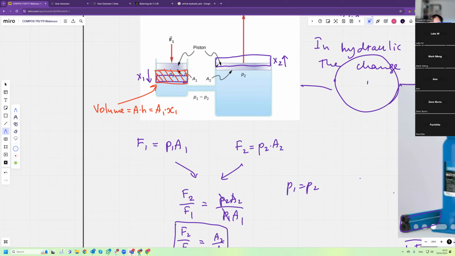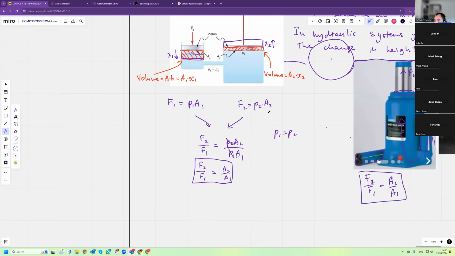And the volume of the liquid here, this is the additional liquid on top, has to be the same volume, A2 multiplied by X2, because the liquid doesn't escape.